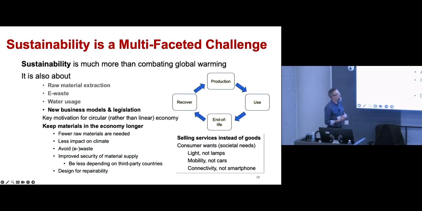I think we also need to change the business models such that we rely less on raw materials, have less impact on climate, reduce the amount of e-waste, and so forth. As computer scientists, I'm really convinced that we need to reach out to business people and legislation people, to come up with the right environment for us to move to different business models and a different mindset when it comes to the environmental footprint of computing.